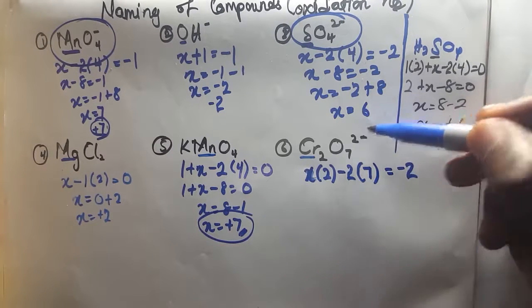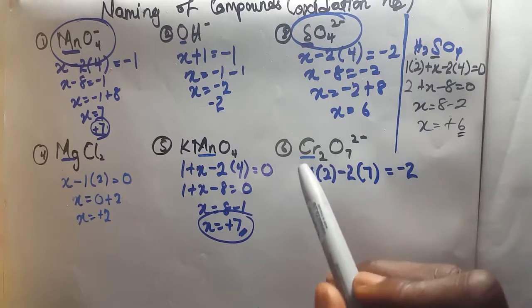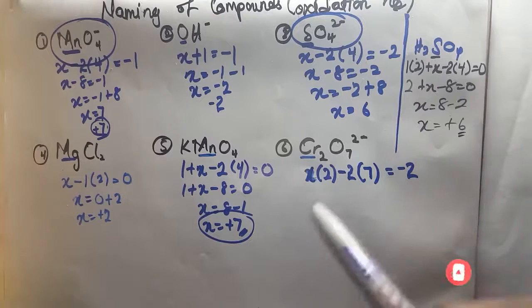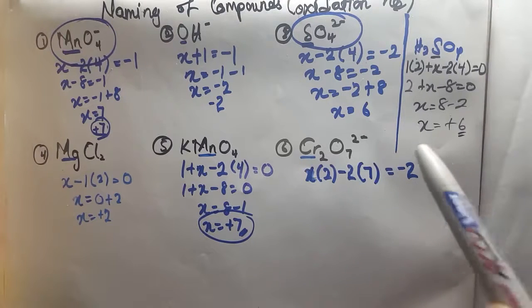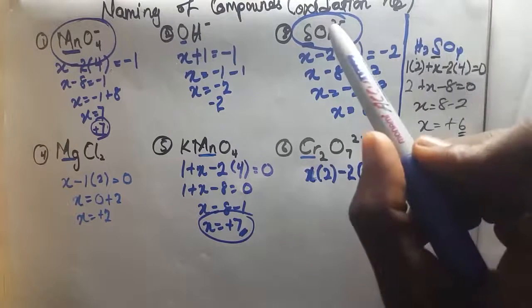Because of the charge. So let me just go over again. What you are finding for, I said that when the elements are 2, you find for the one on the left. When they are 3, you find for the one in the middle. And I said if you know the oxo anions very well, and you know the one you found the oxidation number for, for example with this, you know it's SO4. SO4 is the oxo anion.